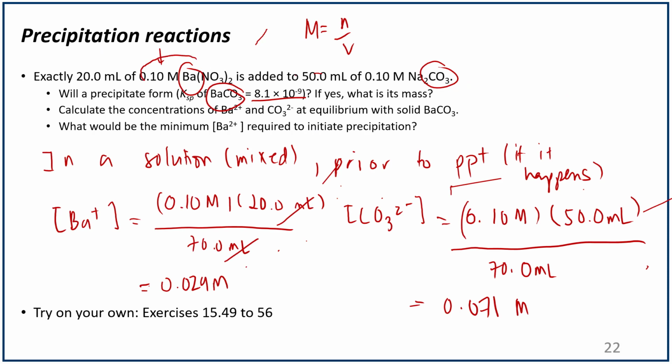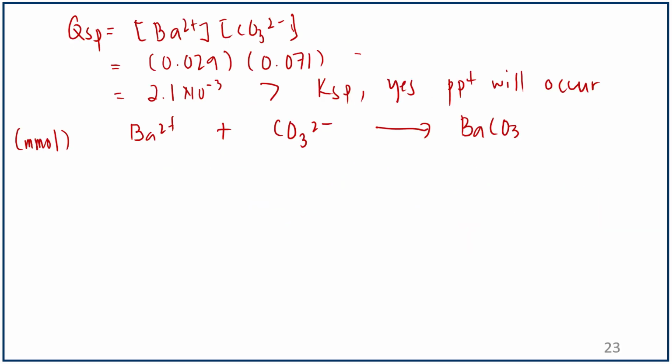So for barium nitrate we have 20 times 0.1, so the amount of millimoles of barium there should be 20.0 ml times 0.10. Here we're not considering the molarity again because this is just an ICF table.